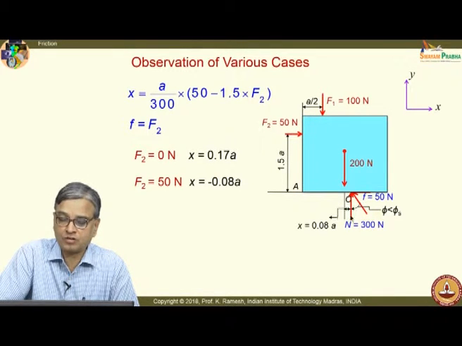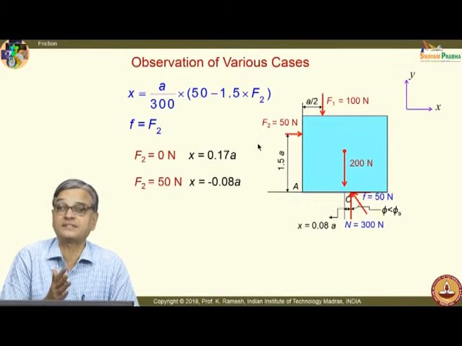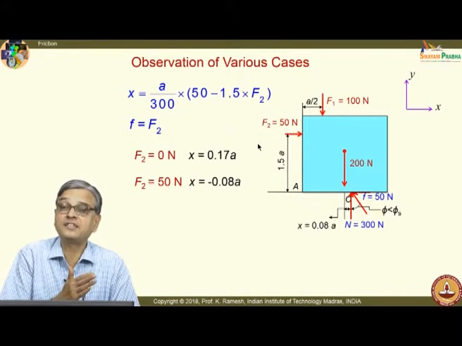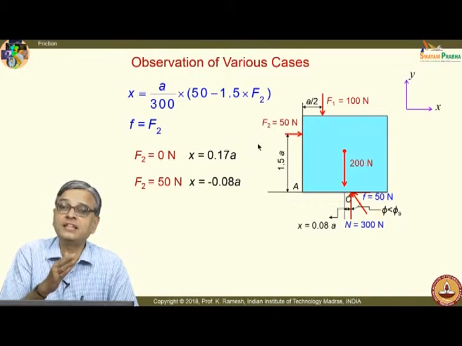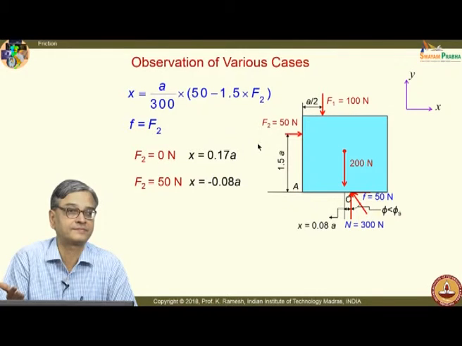The diagrams are not to scale, they are only illustrative. So, it is at a distance of 0.08a, and the frictional force is equal to the applied force. It has not reached the maximum value. You have to recognize that. When it reaches the maximum value, then the block begins to slide if the force is increased further.